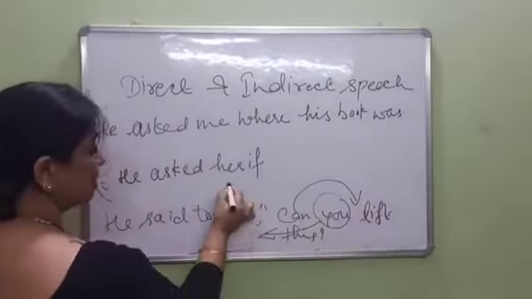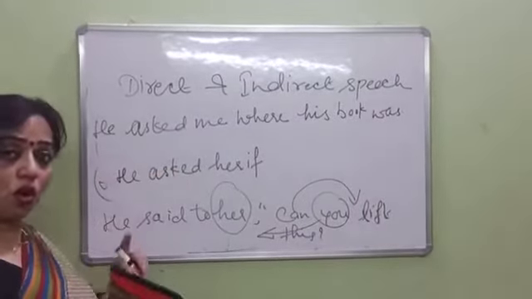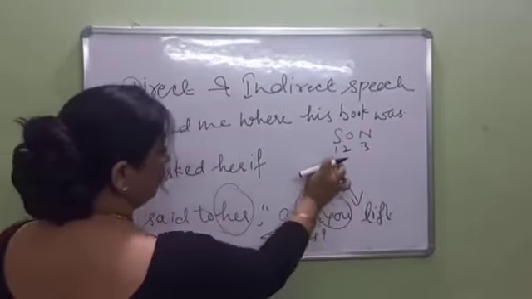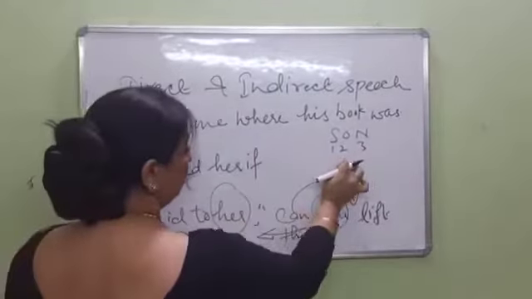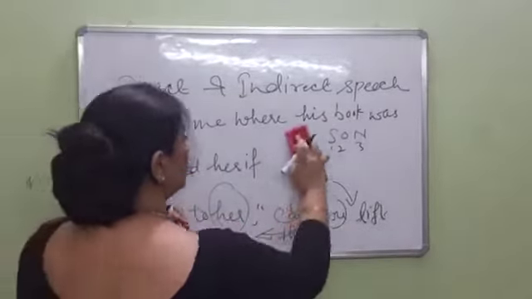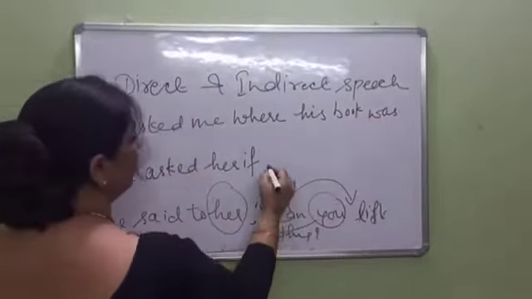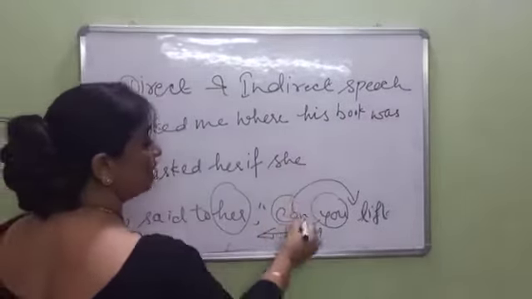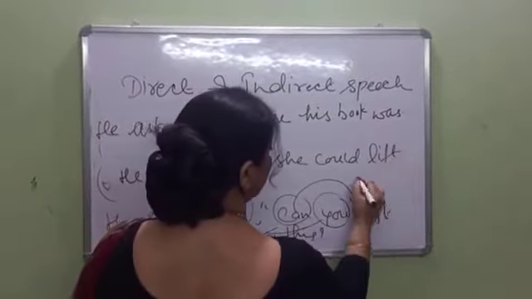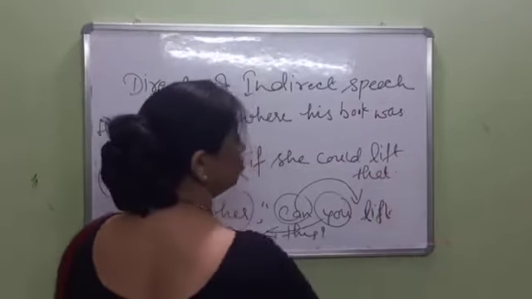You is second person, it changes into object. Just like I told you as ON 1, 2, 3. So first person changes into subject, second person changes into object. This is second person, it would change into object. So what will be there? He asked her if she. Can will change into could. If she could lift, this will change into that, full stop.